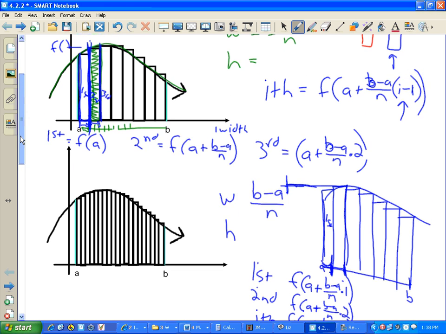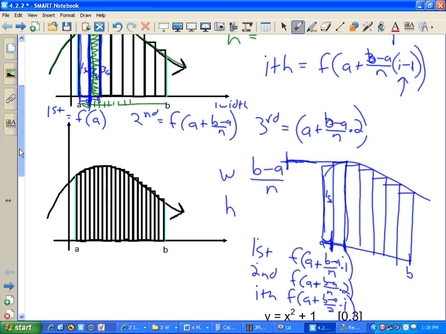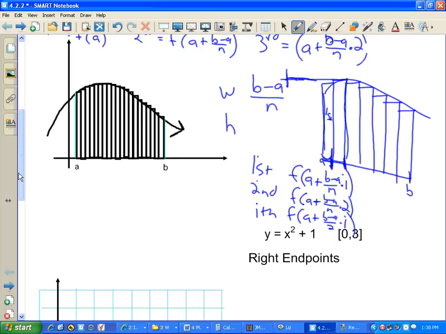So I've got width times height of each rectangle. In order to find the area, I want to add up the areas, the area being width times the height. I'm going to use right endpoints because that's easier.